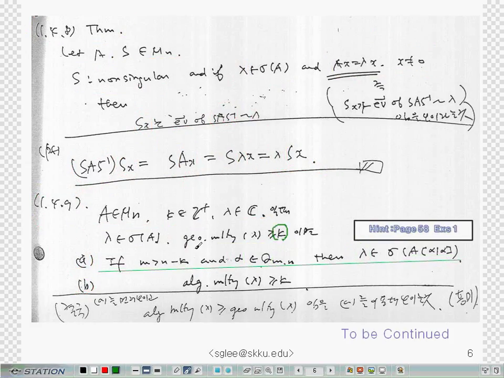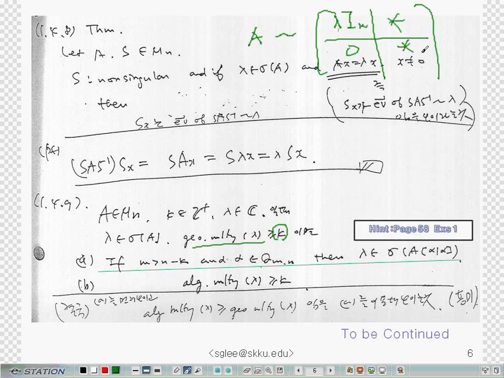Suppose the geometric multiplicity of lambda is equal to k. What that means is A is similar to which matrix? Lambda I_k direct sum with something. This is what I mentioned earlier.